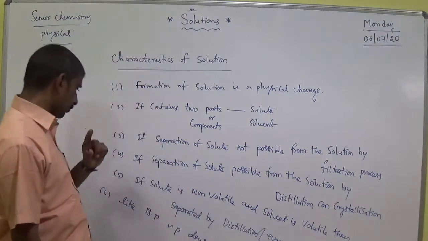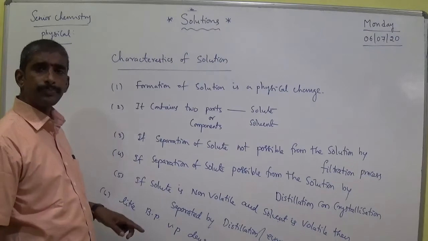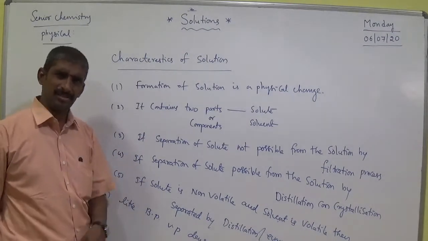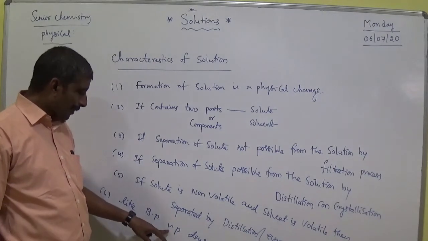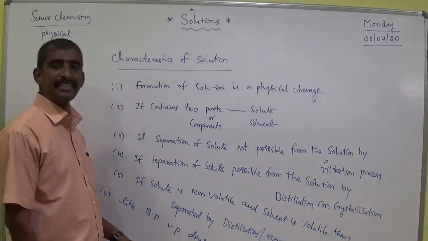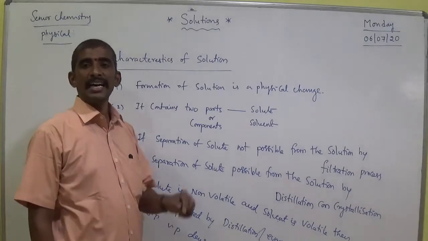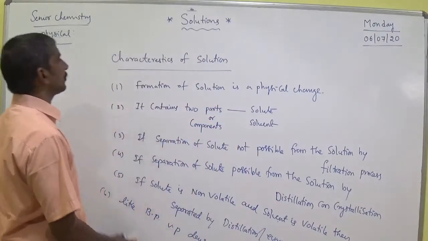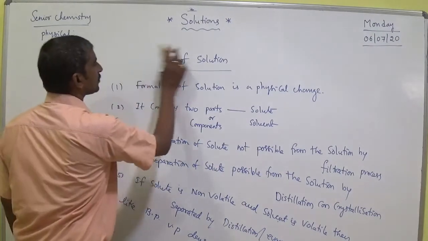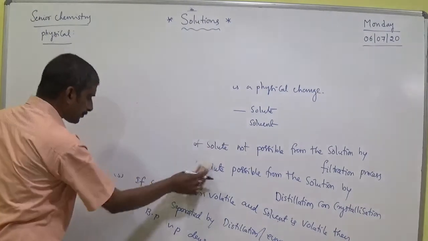That is the fifth point. Sixth point, properties of solutions like boiling point, vapor pressure and density depend on the relative amount of solute and solvent. So these are important characteristics of solution.